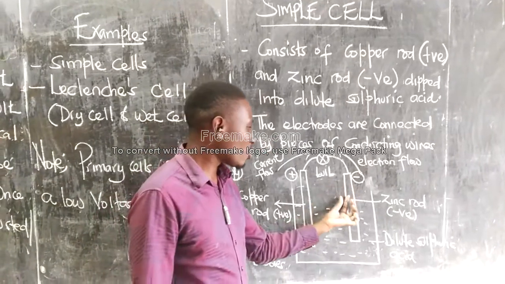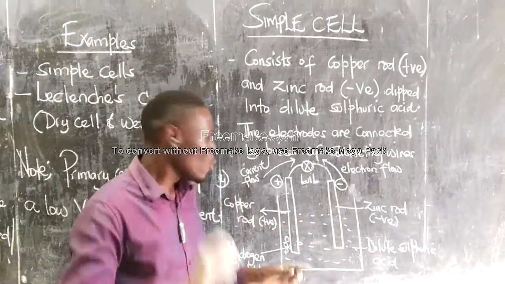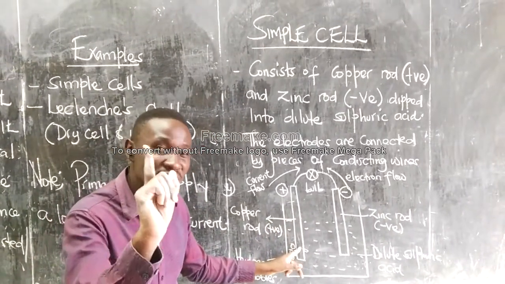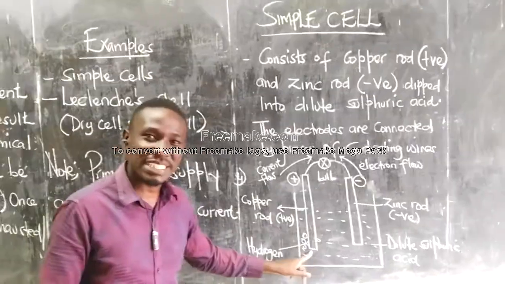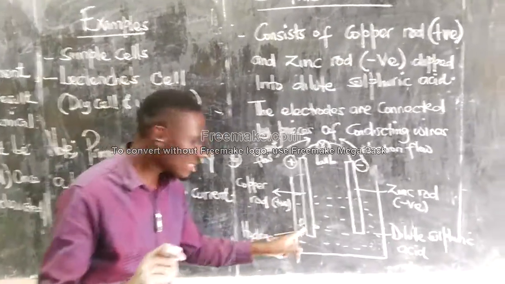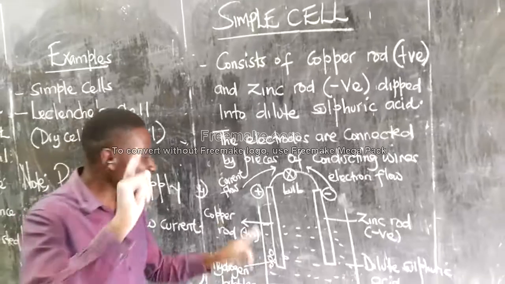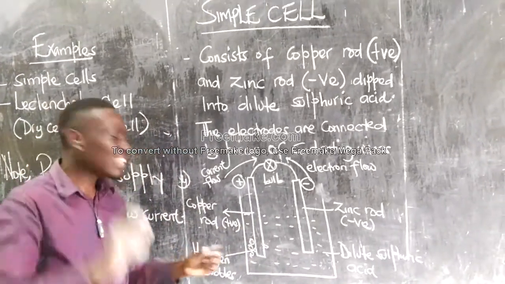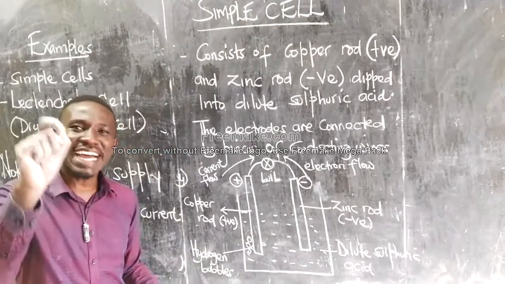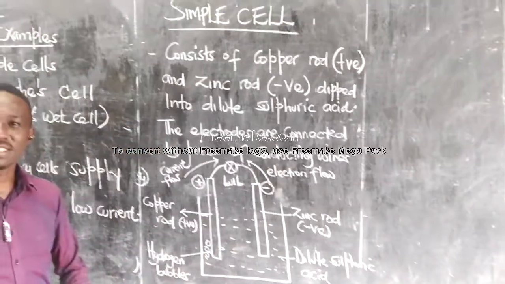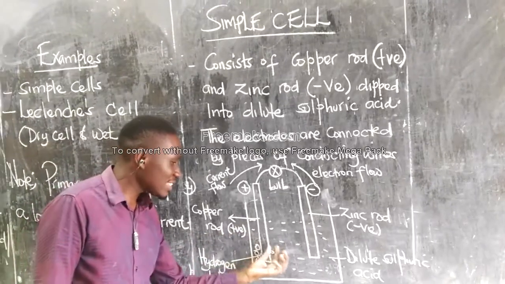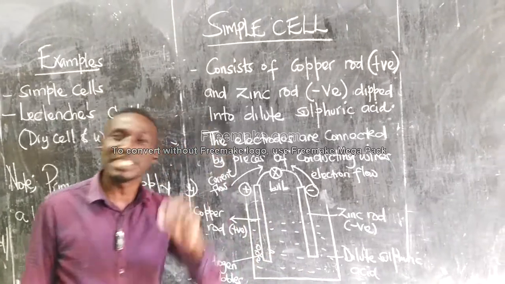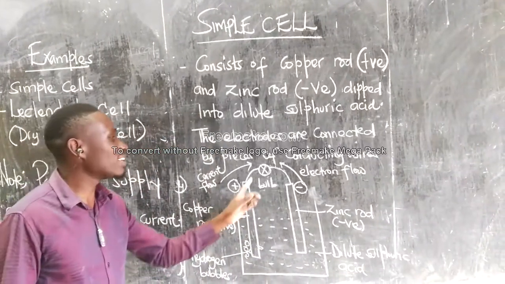At the end of it all, hydrogen bubbles will be formed on the copper plate. These hydrogen bubbles that are formed, they tend to insulate the copper plate. So meaning that the copper plate will no longer be in touch with dilute sulfuric acid. The moment copper plate is not in touch with dilute sulfuric acid, that means the circuit will not be complete. Therefore, no current will again pass through the bulb.